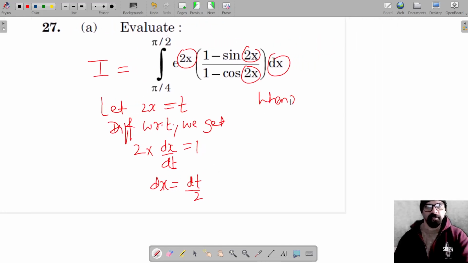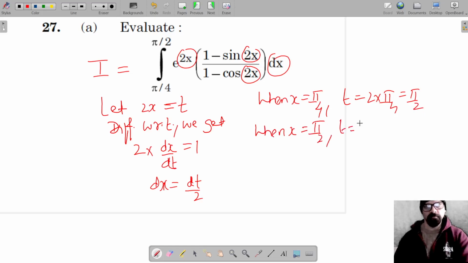When x is equal to pi by 4, t is equal to 2 into pi by 4, which is equal to pi by 2. And when x is equal to pi by 2, t is equal to 2 into pi by 2, which is equal to pi.